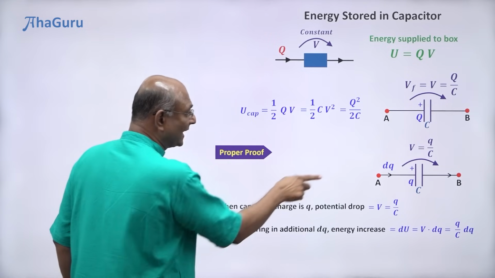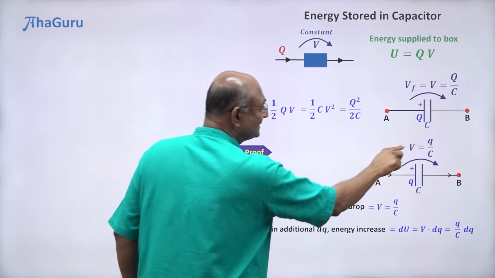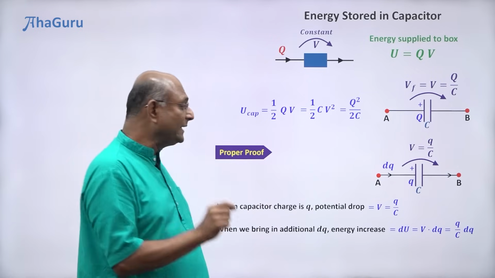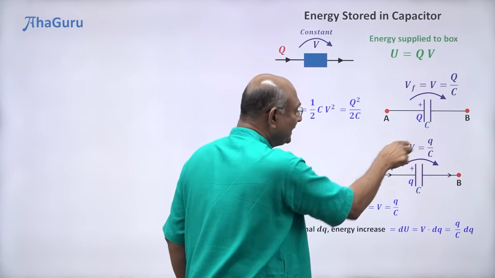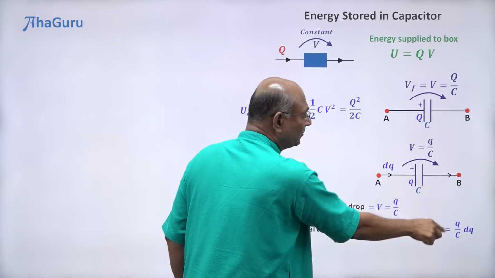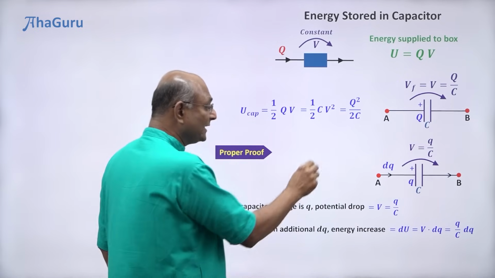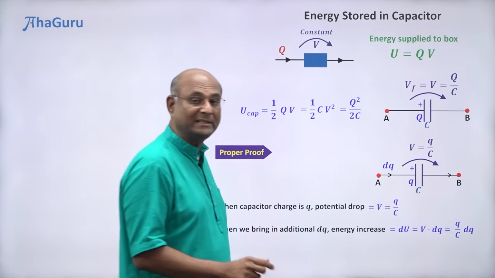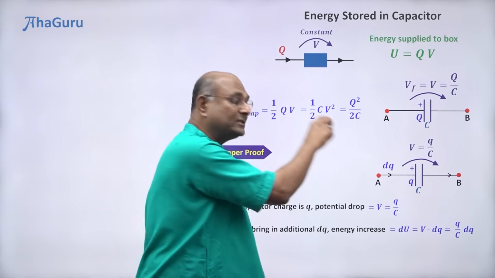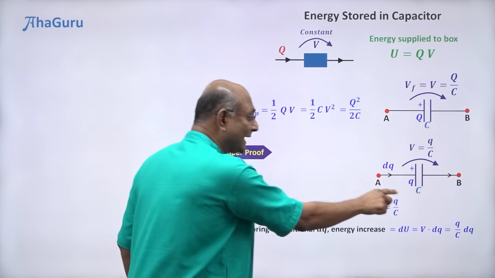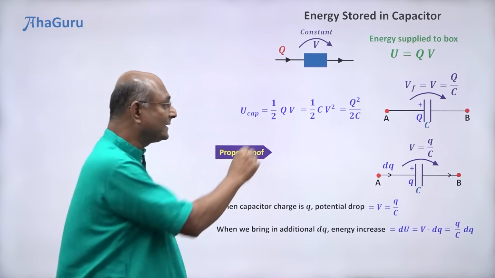So when we bring this additional dq, the energy increases by dU, which is V times dq, or q by C times dq. Now remember that this is dU, the incremental energy. If I want the total energy stored in the capacitor, I must add this up from the beginning till the end.